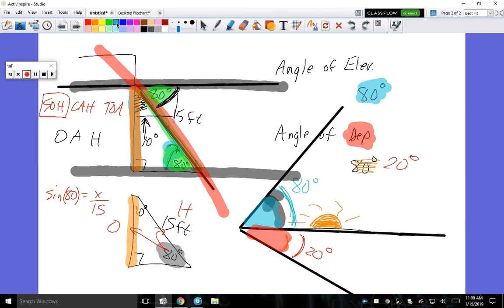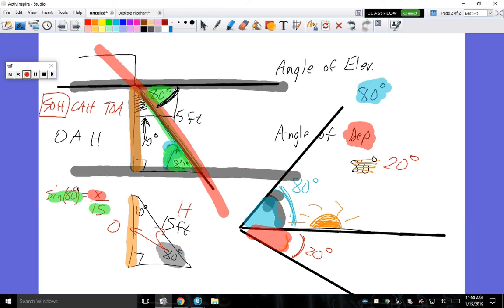With these, you have 2 of the 3 pieces. I have 80, I have 15, but the one I'm missing is x. Don't we have to put a degree sign? You can, you don't have to, if your calculator is in degree mode. But yes, on your paper, please put the degree sign right there.